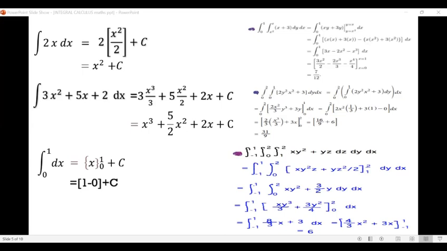First inside, then outside, like we do with brackets: first the small bracket, then the curly. This is the topic related to double integration.